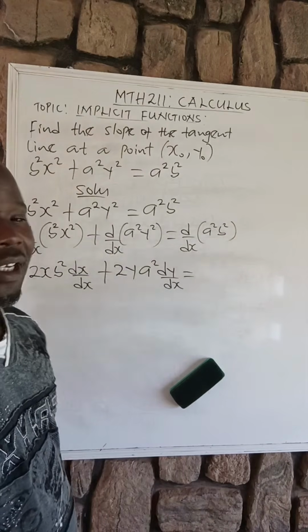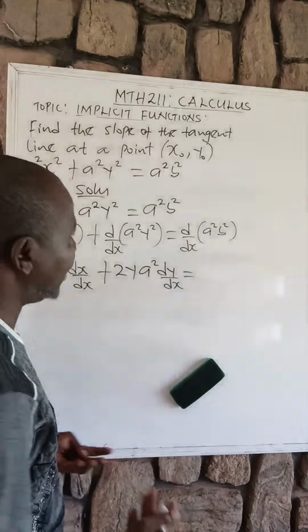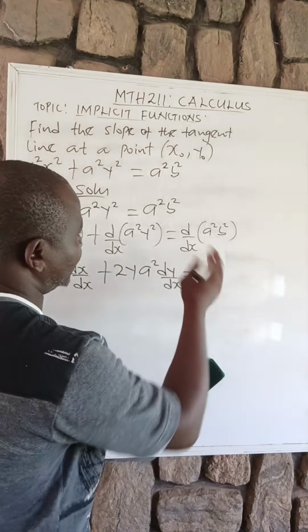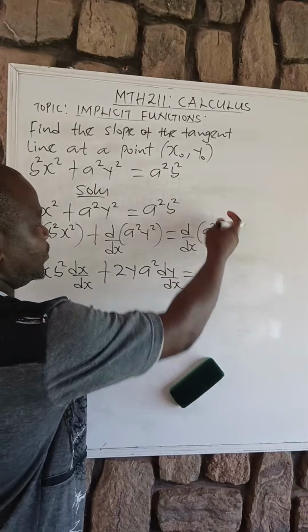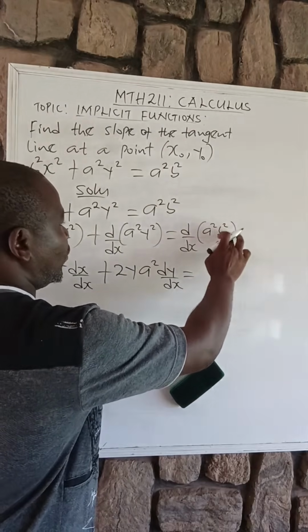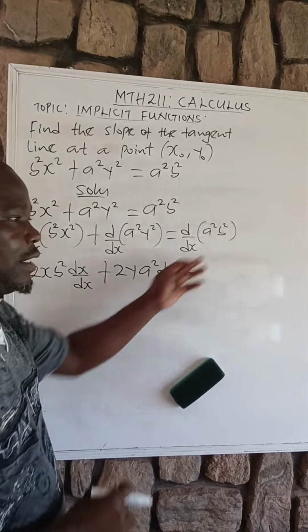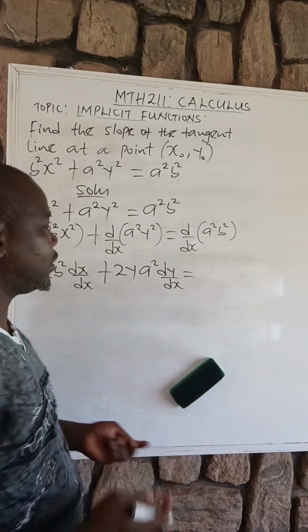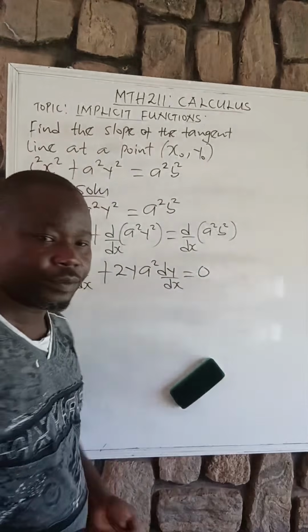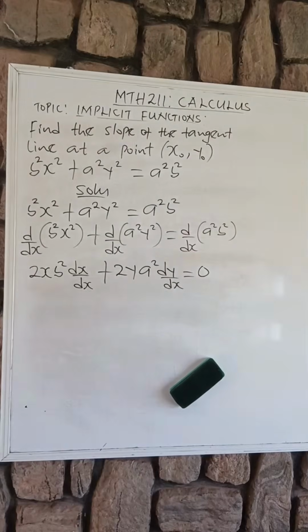A square and b square, they are all constant. Why? Because we cannot find x or y. Supposing we had x here, we would have differentiated it. But since y and x are not attached to this, it is automatically a constant. So here will be 0. Do you understand? Please take note.